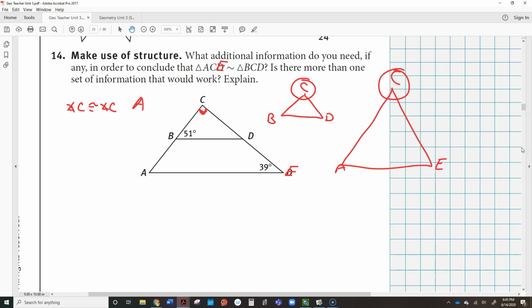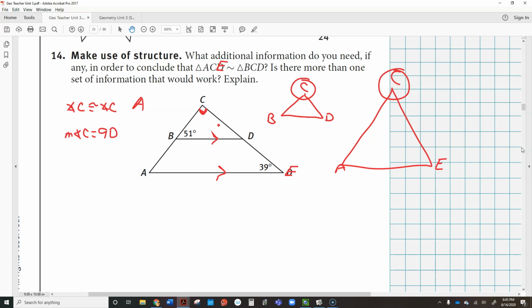So the easiest thing for me to do would be to try to find another pair of angles. The only way I can do that is to either know that this side is parallel to this side, because then I've got corresponding angles right here that will be congruent, or to know the measure of angle C. It kind of looks like it's 90, and if I knew angle C was 90, then I could figure out the other ones.